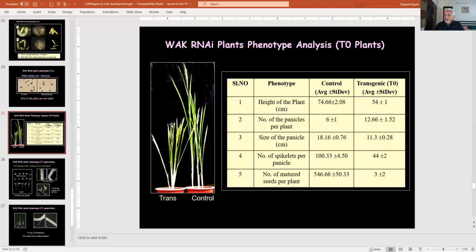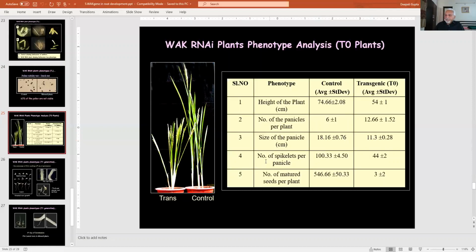Actually, the transgenic plants were dwarf or shorter in size. And the number of panicles per plant was more in the transgenic lines as compared to control. But if you look at the size, it is reduced. Here it is 18 odd centimeters to 11 centimeters.